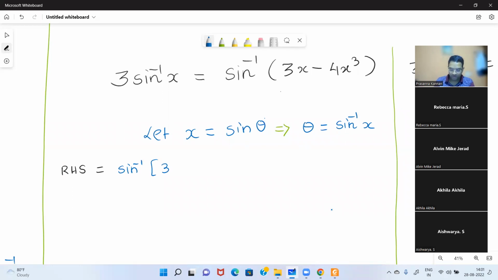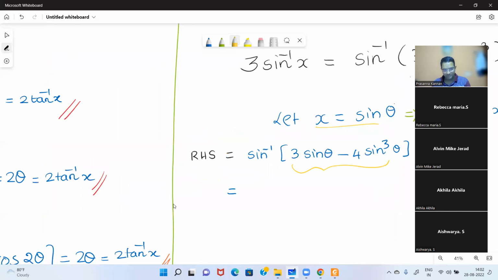So what is x? Sine theta. If I substitute sine theta in place of x, x cube will be sine cube theta. Have you seen this before, 3 sine theta minus 4 sine cube theta, anywhere? Sine 3x, exactly.